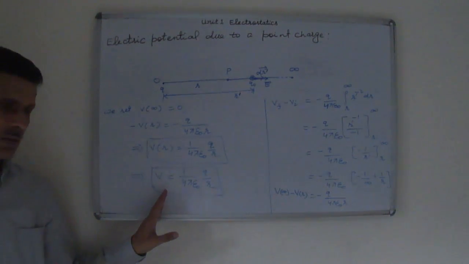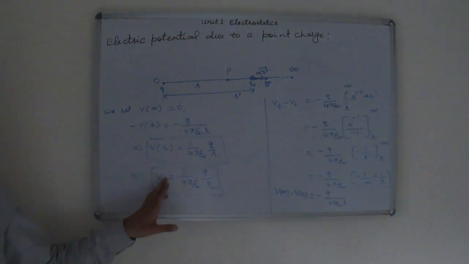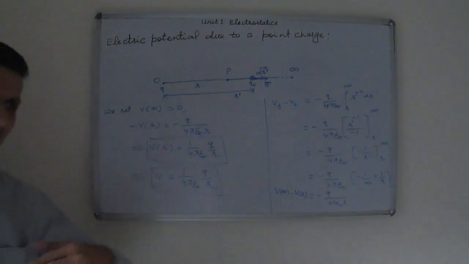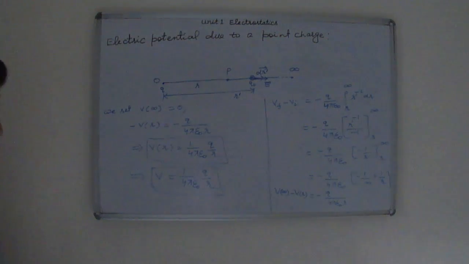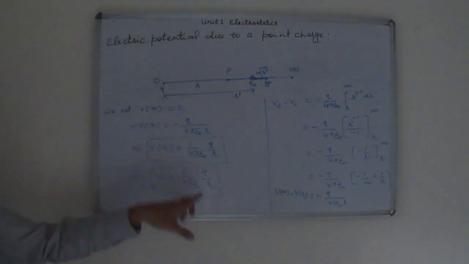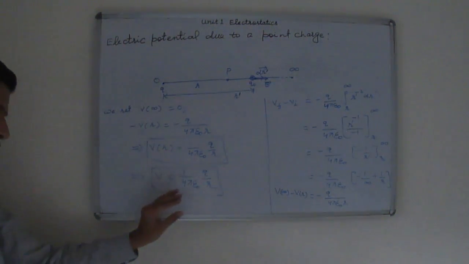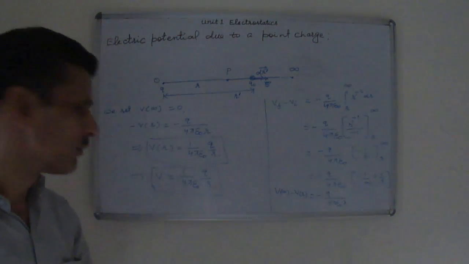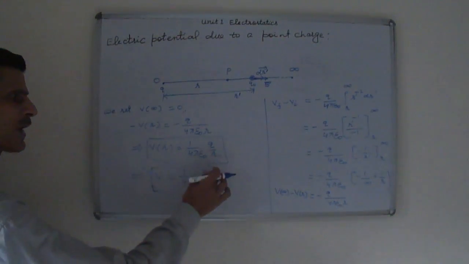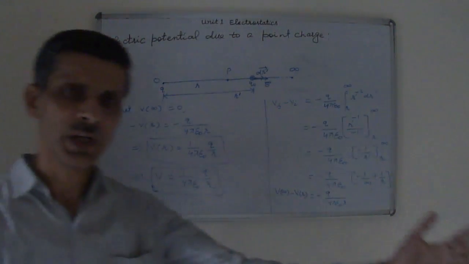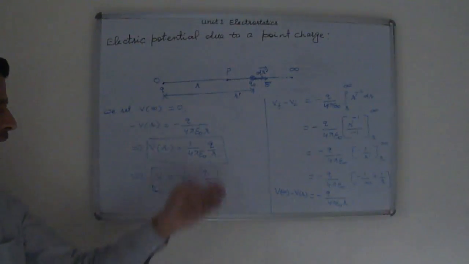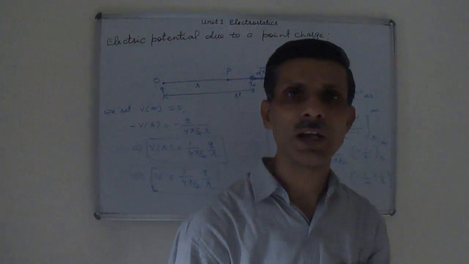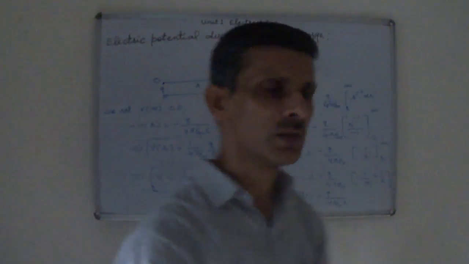So this is the relation for electric potential due to a point charge Q at r distance away from the charge. Although here we have derived this relation for positive charge Q, it is also valid if the charge is negative. So if charge is positive, then its potential is positive. If charge is negative, then its potential is also negative, provided we have assumed potential 0 at infinity.